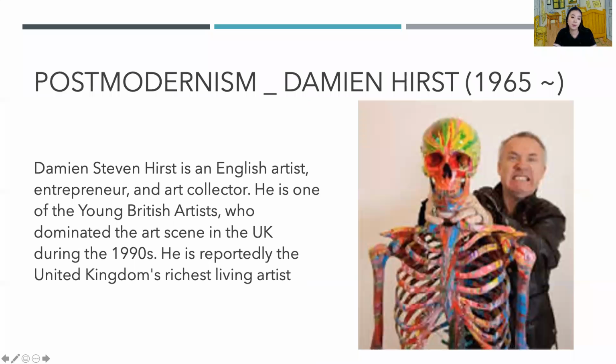So this is the first artist, Damien Hirst. Damien Stephen Hirst is an English artist, entrepreneur, and art collector. He is one of the Young British Artists who dominated the art scene in the UK during the 1990s, and he is reputedly the United Kingdom's richest living artist.